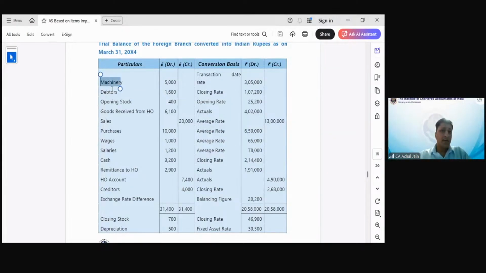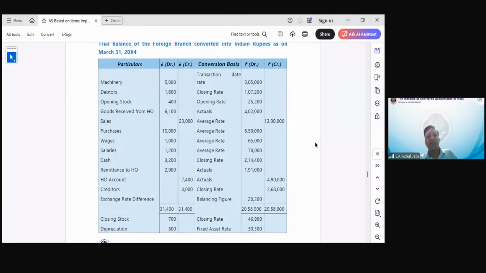So machine, debtors, opening stock, goods received from HO, sales, purchase, wages, salaries, cash, remittance to HO account, creditors. All of these have been put down first of all. And then, of course, any difference which will be generated, we'll have to look at what that difference is.